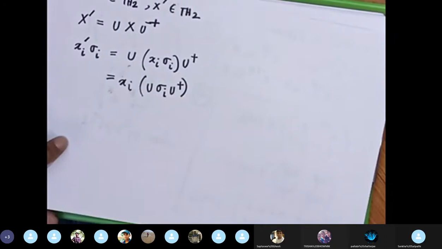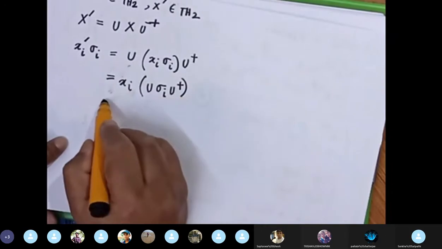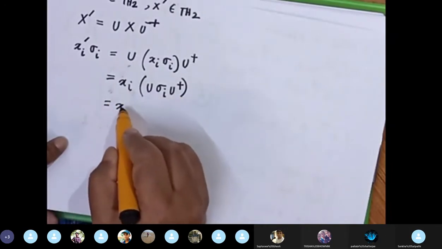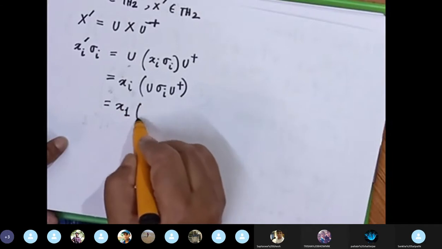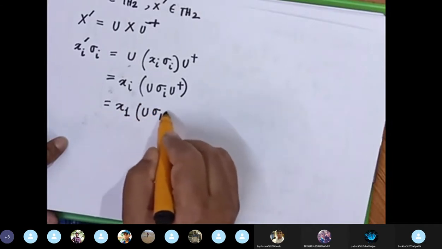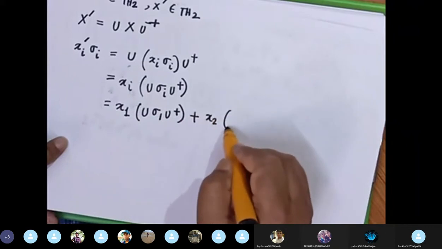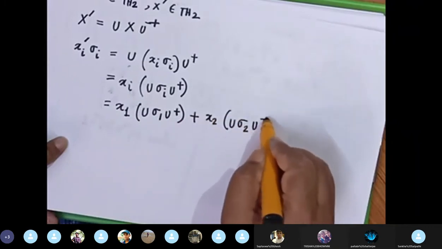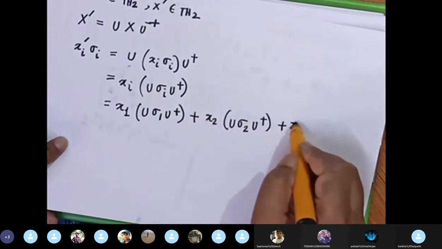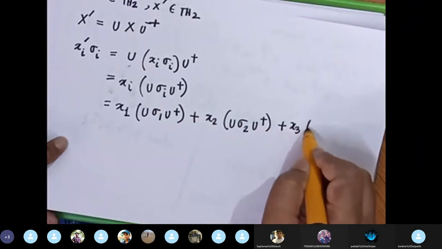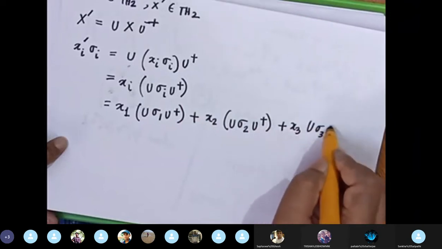Clear? Because x_i is a number, it comes out. So three things we have to calculate: x1 u sigma 1 u dagger, x2 into u sigma 2 u dagger, plus x3 into u sigma 3 u dagger.